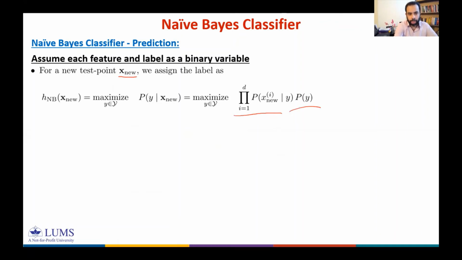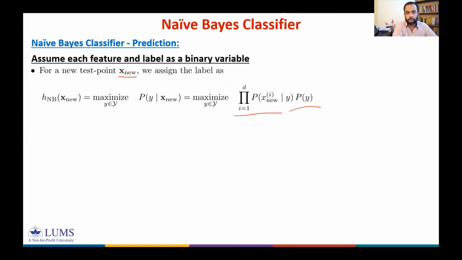We have computed all of these during the training stage. So using this information, for any new test point, we compute this product for each y, and we choose the y for which the likelihood times prior is maximized.